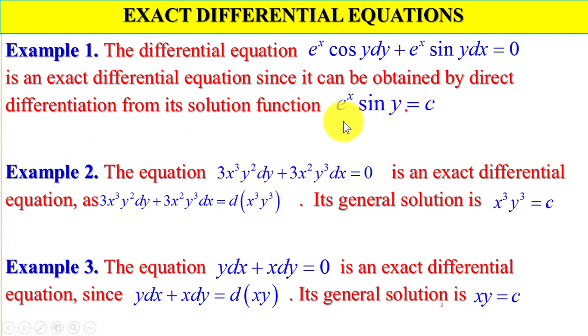Because if we differentiate this equation, e to the power x sin y is equal to c, then we will get e to the power x cos y dy plus e to the power x sin y dx is equal to 0, that is this equation.